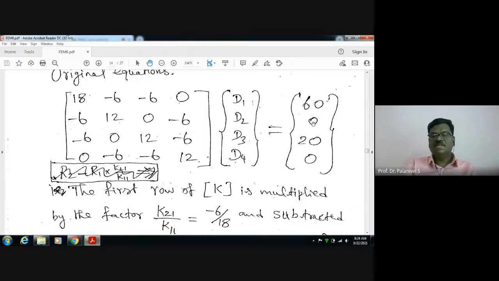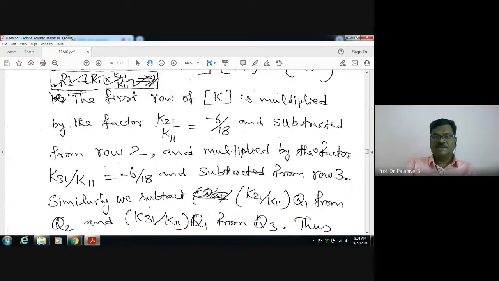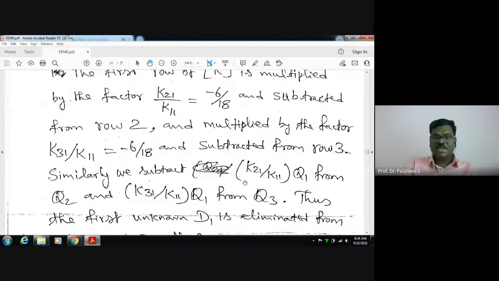Similarly, K31 divided by K11 is multiplied with Q1 and subtracted from Q3. That also has to be done, as written here.